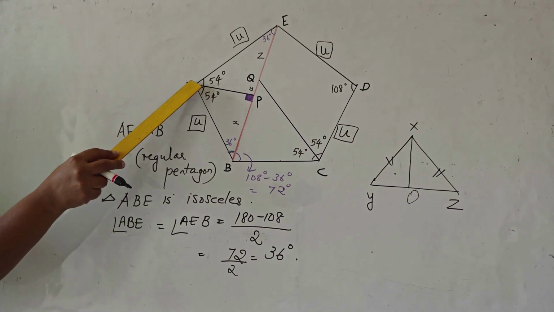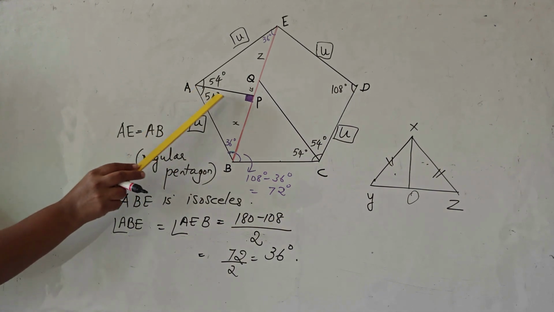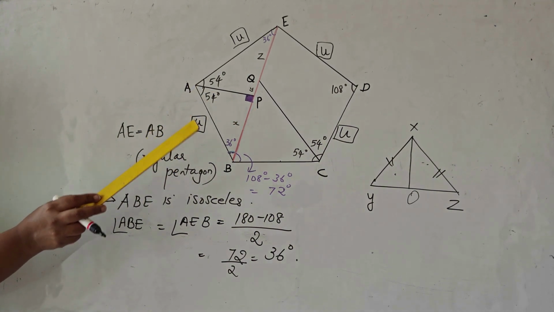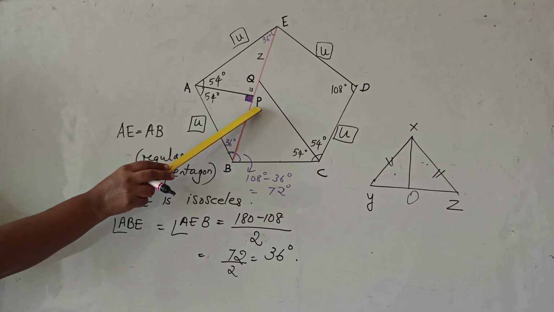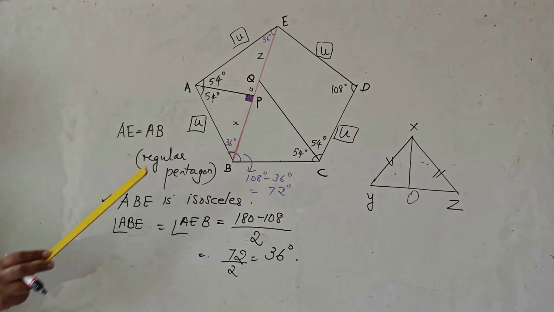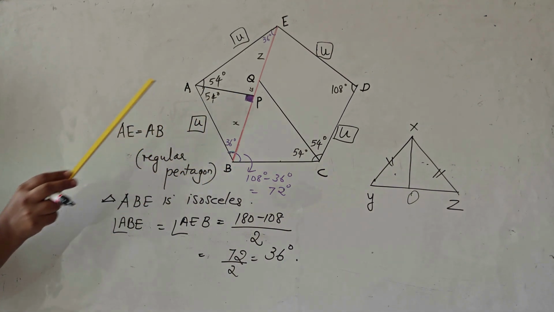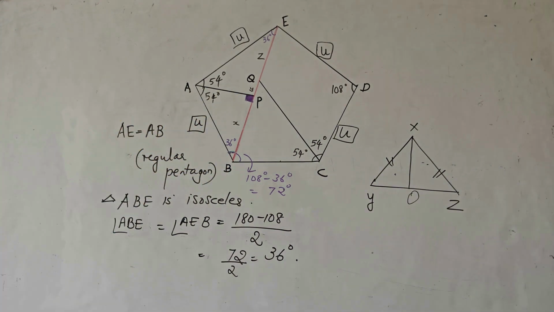Therefore, for the triangle ABE, which is isosceles, AP is given to be the angle bisector, which means that AP also becomes the altitude to this side, making this angle 90 degrees. Therefore, ABP is a right angled triangle, which means I can apply trigonometric ratios to this triangle.